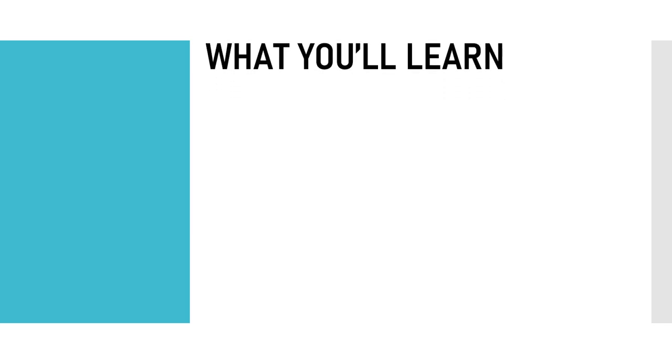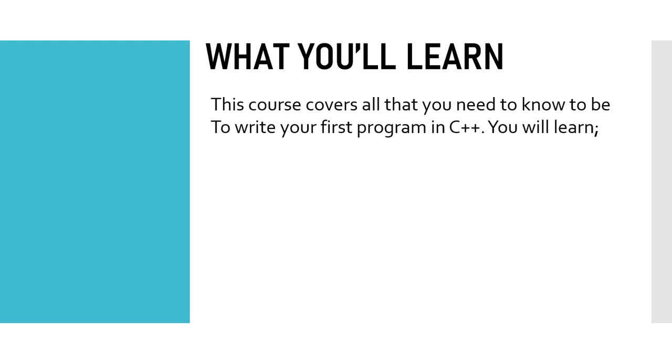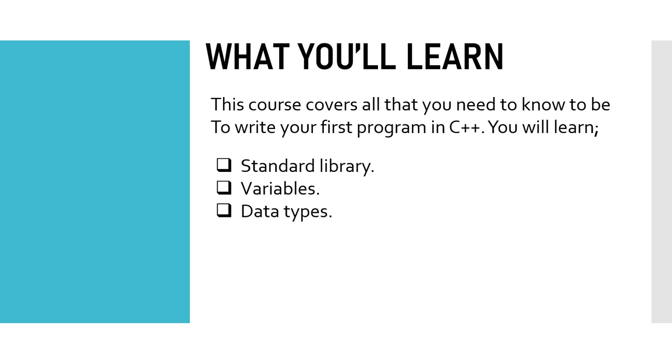So that is it. Chances are that you may also want to do similar things. Now, what are we going to learn in this course? This course covers all that you need to know to be able to write your first program in C++. So don't worry, we'll hold your hand, beginner. If you're able to follow along carefully, you'll be able to understand everything to be able to write your own program. All right, so we learn about the standard library. We learn about the concept of variables. We talk about data types. We talk about control flows and statements.